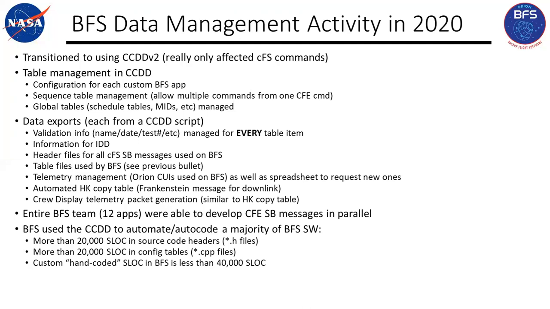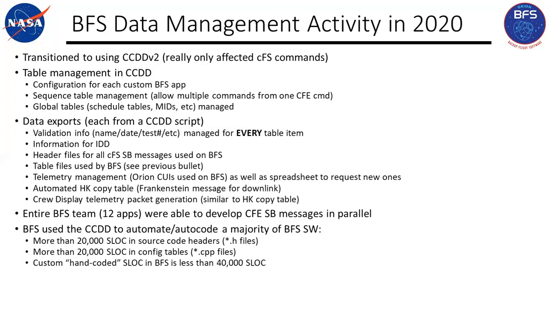We can define all that, as well as we have a spreadsheet. So if we need to request additional CUIs, we can help automate the process of requesting new CUIs. We can automate the HK copy table. So we push a button and we get a new table. So we don't have to worry about changes. And then the crew displays, which are similar to the HK displays, HK copy tables.